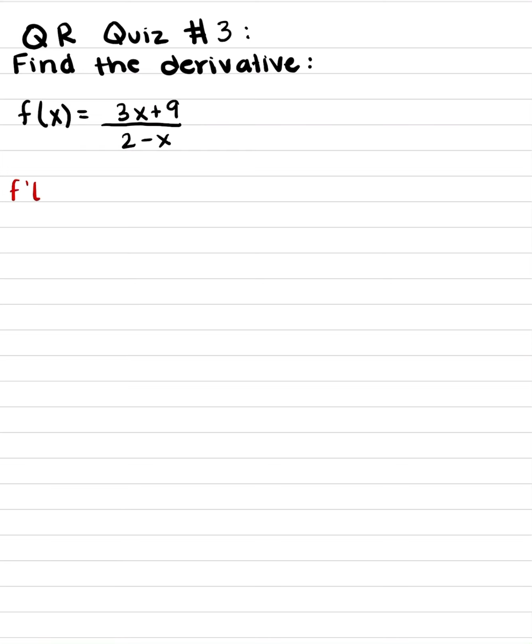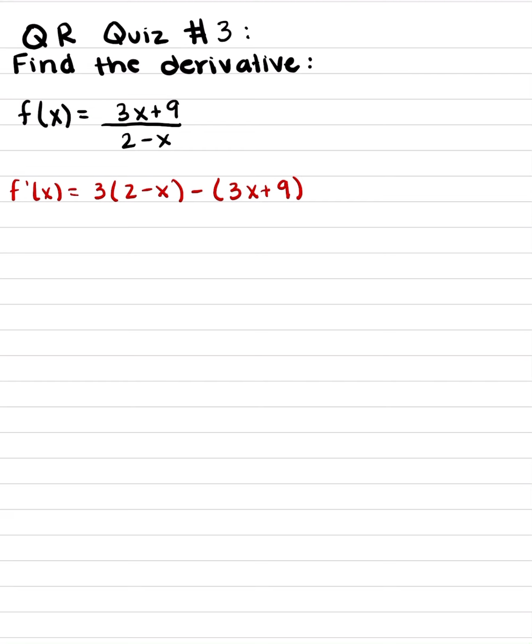f prime of x is equal to, find the derivative of this first one, which is just 3, right? And you multiply that by this bottom term, 2 minus x. Okay? So then we subtract, and we have to subtract the original first term, 3x plus 9.